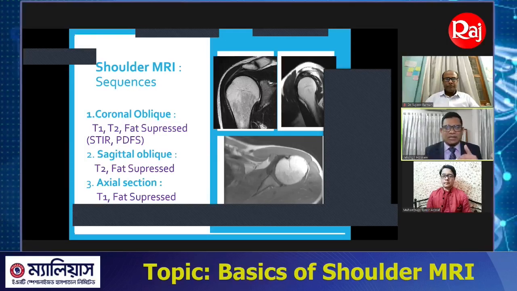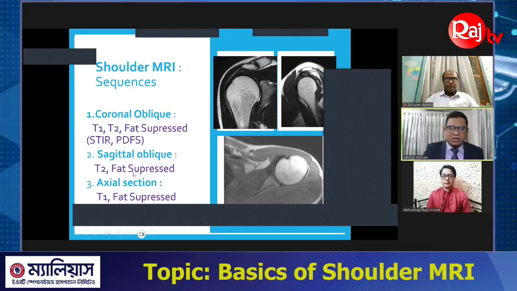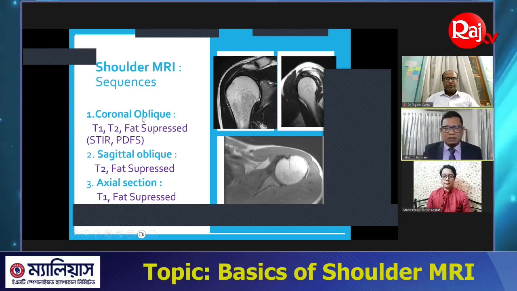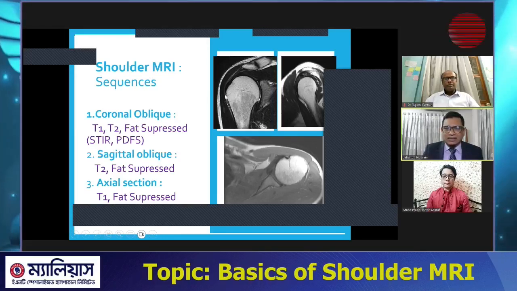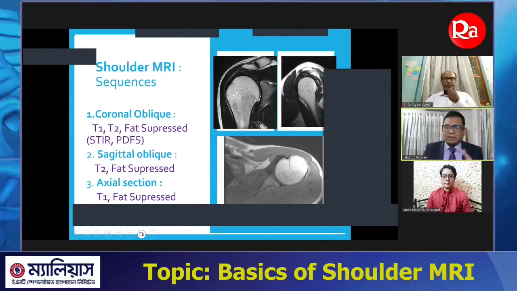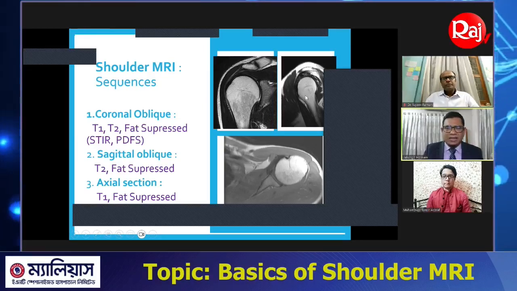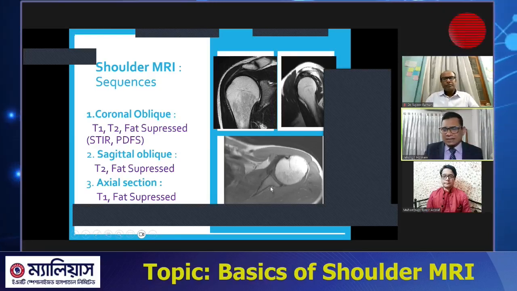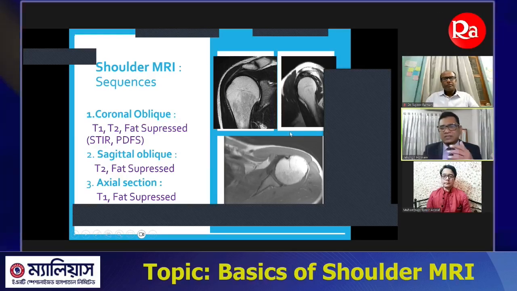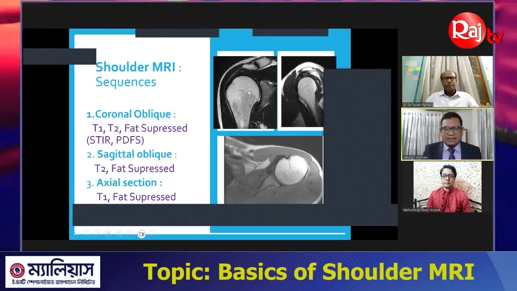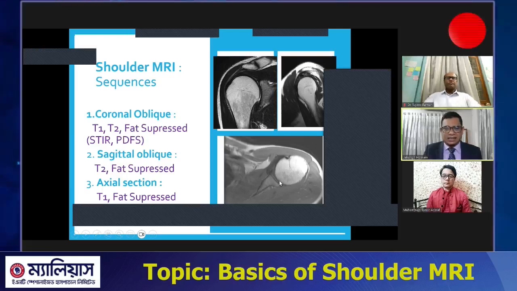And this is the shoulder MRI sequence, which I have already mentioned, that is coronal oblique. You can see this type of film, this is coronal oblique, and this is sagittal oblique, this type of film, and next one, the axial cut. All these images we must always remember: coronal oblique, sagittal oblique, and axial cut.